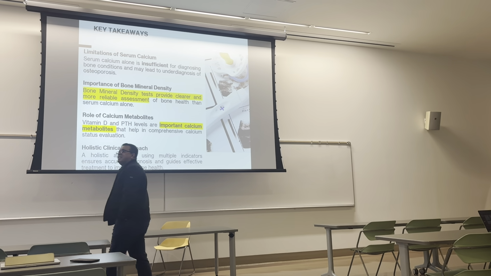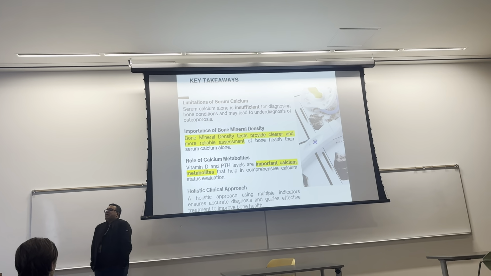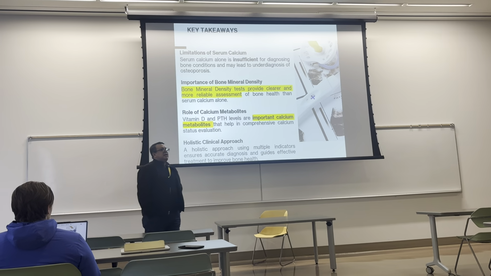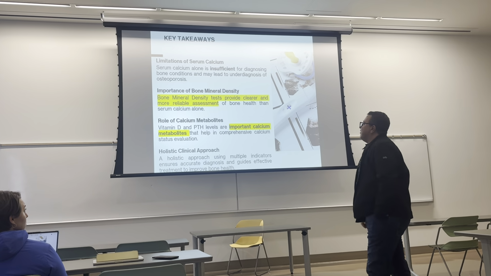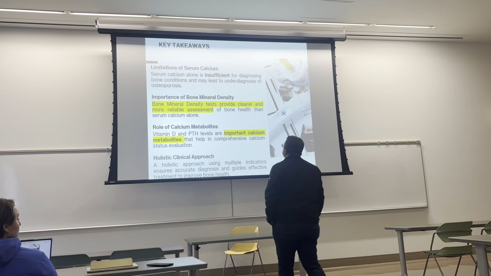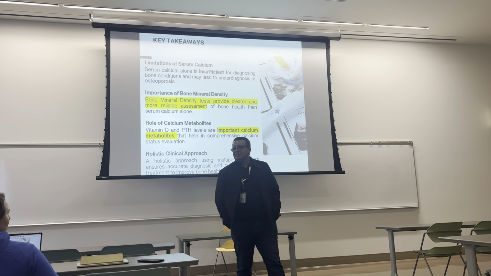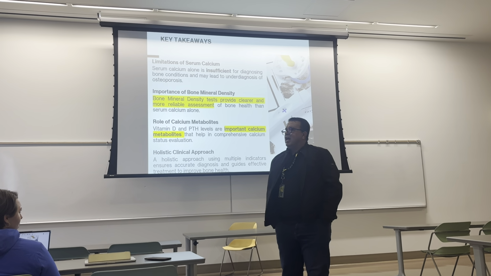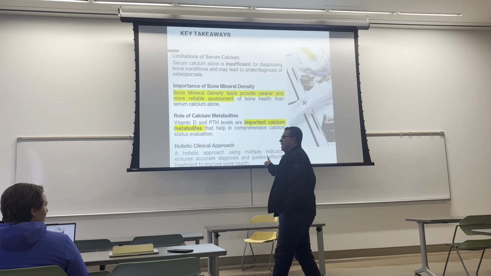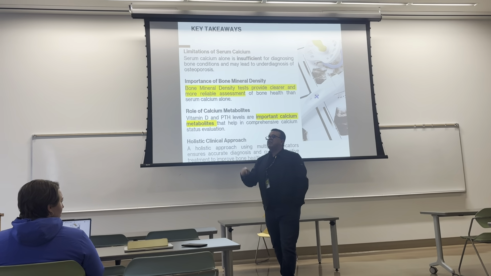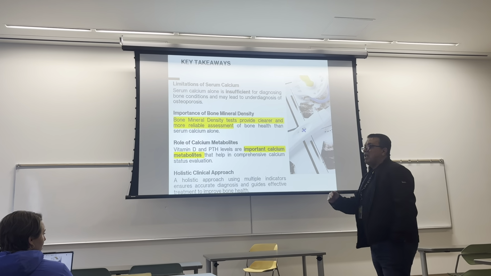Usually, there is a link between magnesium and calcium. Can anyone tell me the relation between magnesium and calcium? It means when I have magnesium deficiency or hypomagnesemia, I am for sure having hypocalcemia. Why? I can say that the parathyroid, for it to function normally, needs a good or normal level of magnesium.